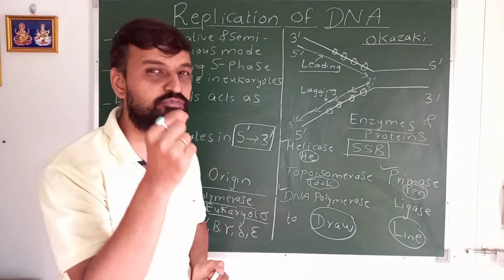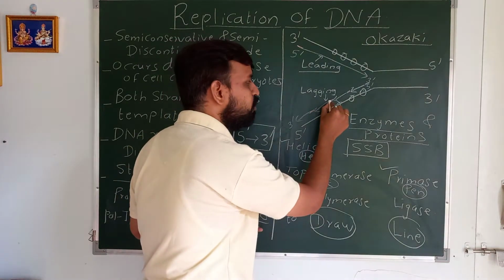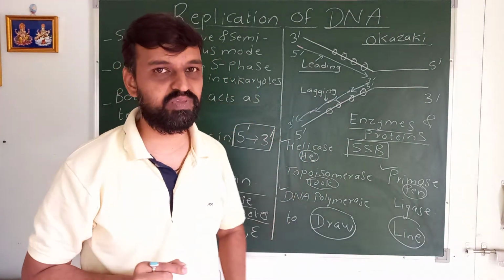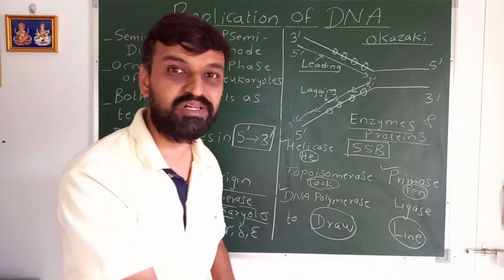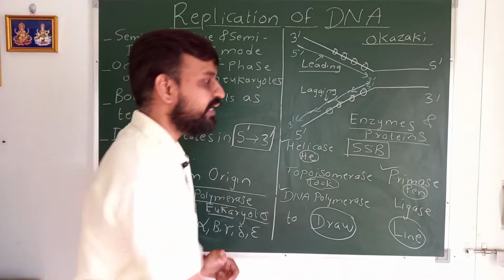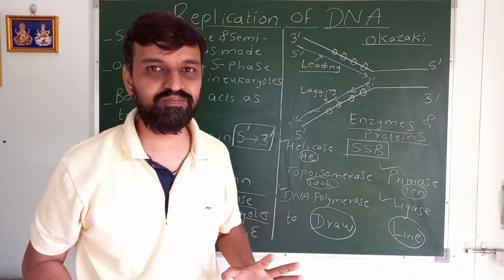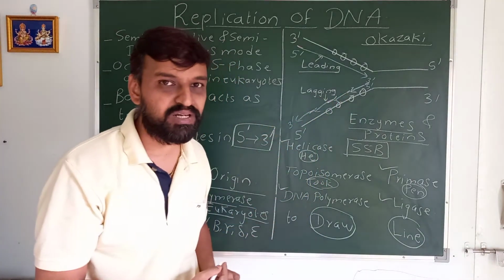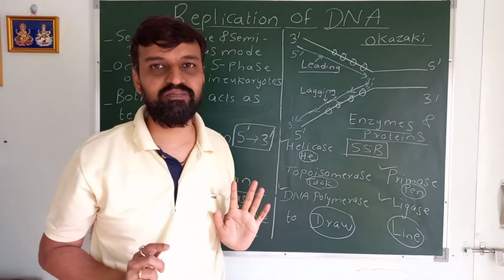But before joining, dear students, the gap because of the primers is filled with the help of DNA polymerase, and later on the remaining gaps will be filled up by the ligase. So ligase will join Okazaki fragments and make a continuous strand.